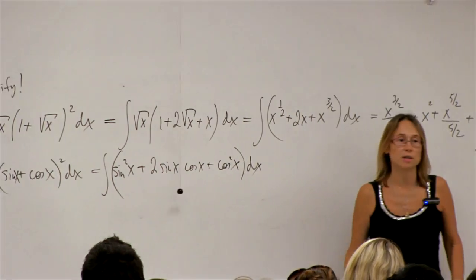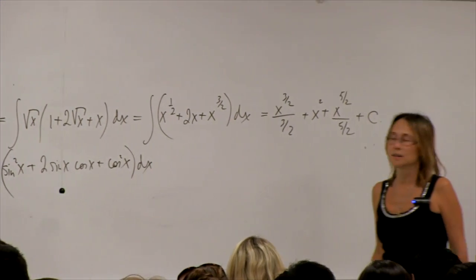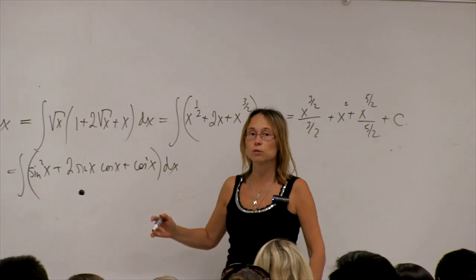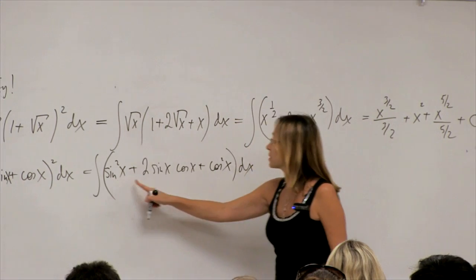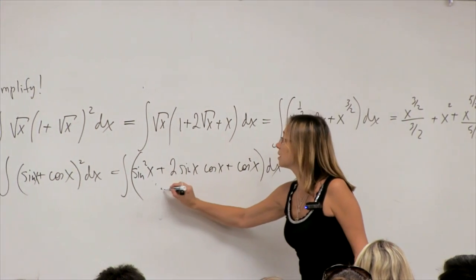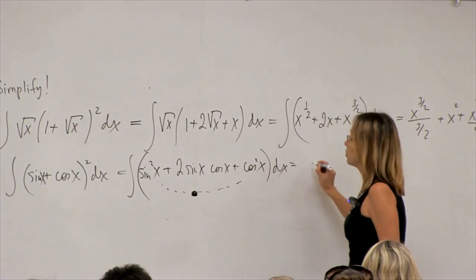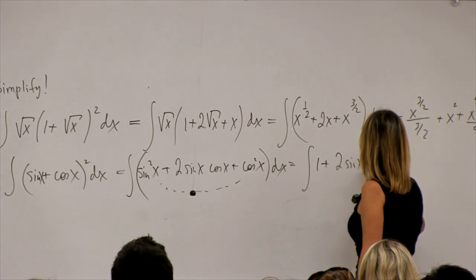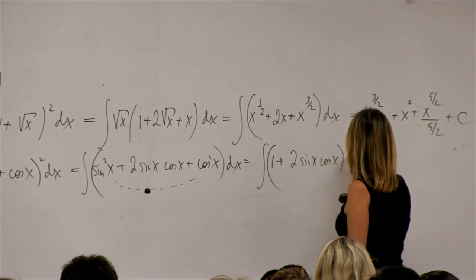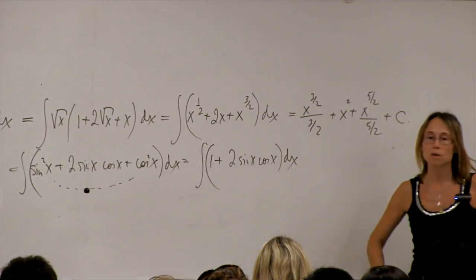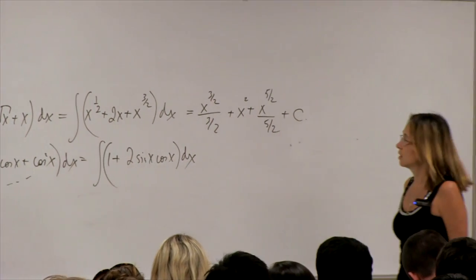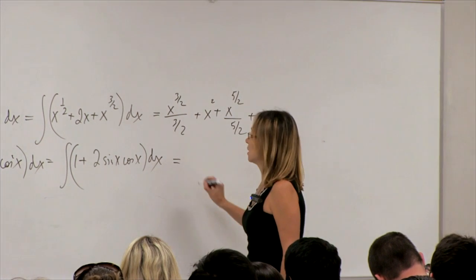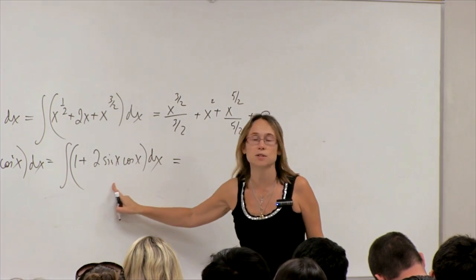Can I simplify further? Yes, by using one of the simplest identities. Sine squared x plus cos squared x gives me 1. How about now? Is this easy? This is a lot easier. So I can use another identity.